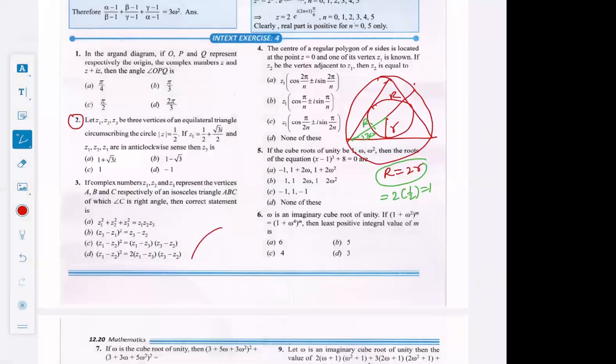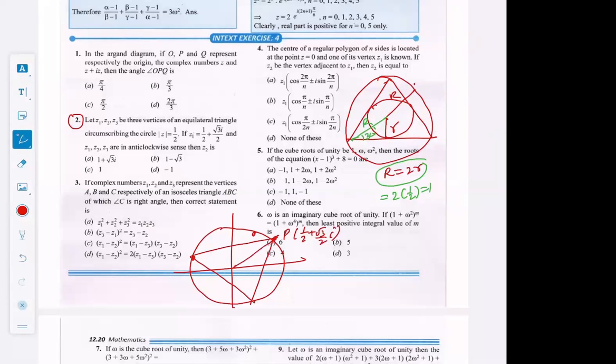Do you remember any value? If this one is z, this is given as 1 by 2, root 3 by 2 into i.